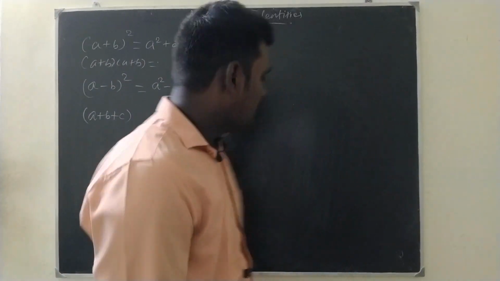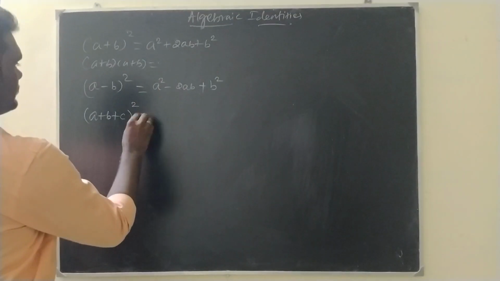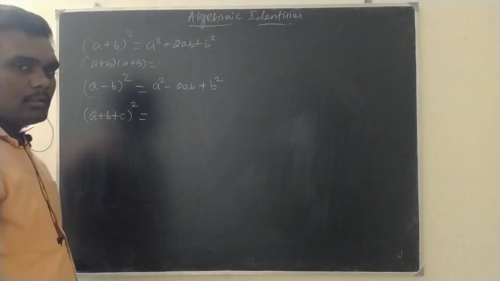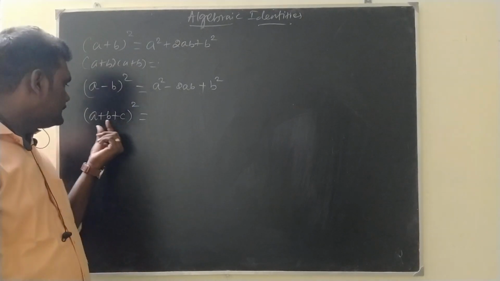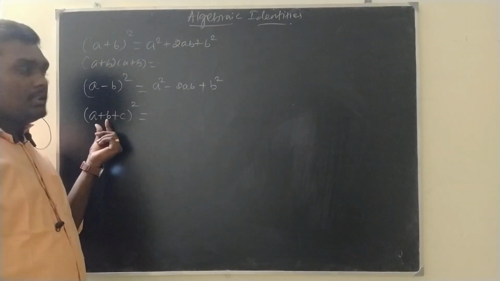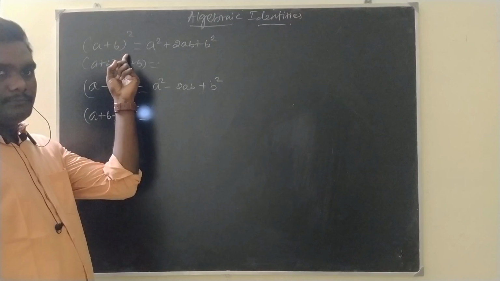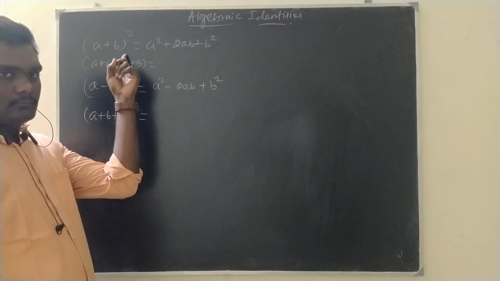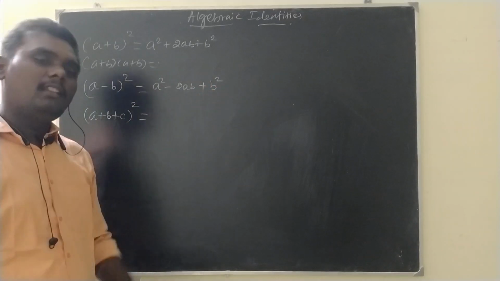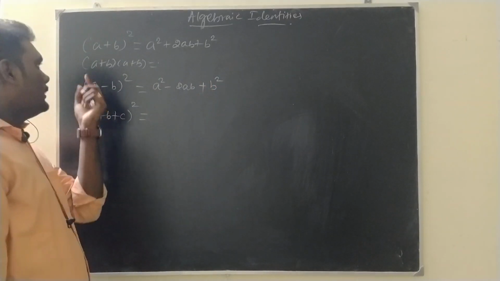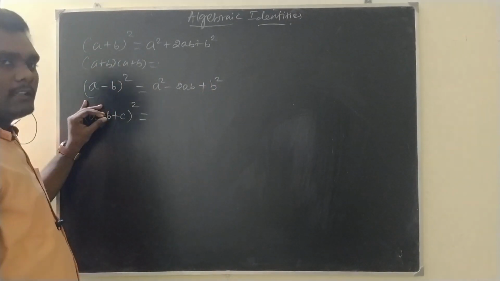When you square the three terms, how do we work this out? We can use the same identity, or else we can take this as a plus b plus c into a plus b plus c. In the other way, we can use this identity by considering two of them as one.